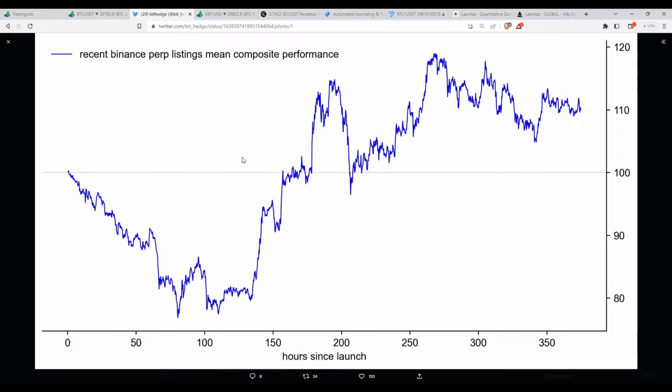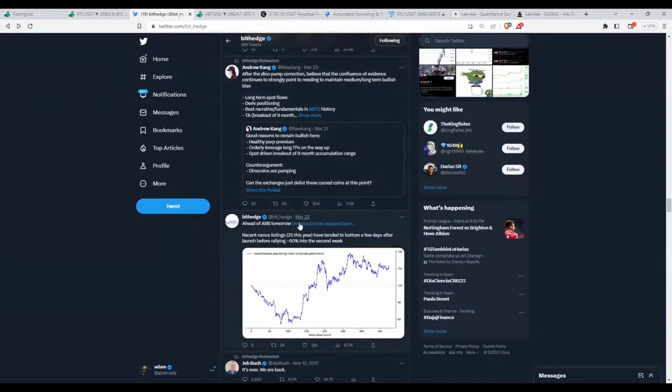Someone did that on the new Binance perp listings, which is pretty interesting actually. Basically, the conclusion of that was that they tend to go down right after the listing, but then in the second week, here's the original tweet. A few days after launch, but then rallying approximately 50% in the second week.